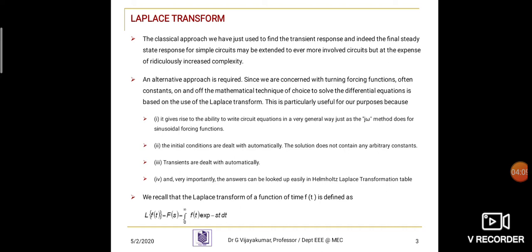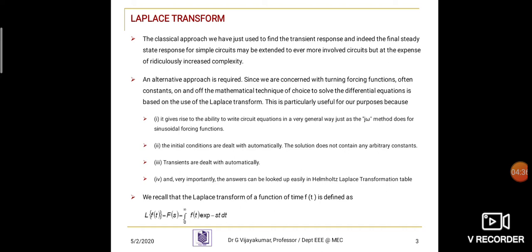Arguably one of the most useful properties of the Laplace transformation from our point of view is that for a given f of t there is one and only one F of s, and vice versa. F of s and f of t are called transformation pairs.